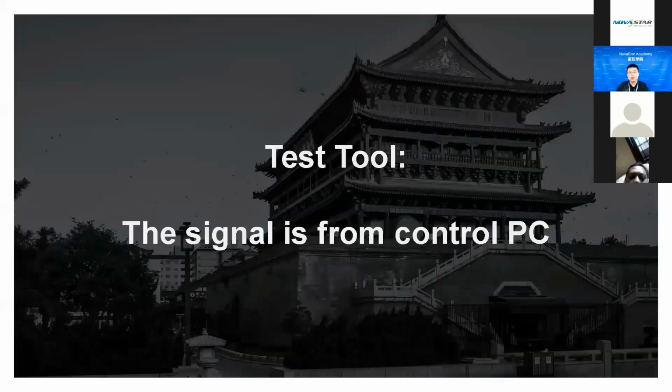For test tool, the signal is from the control PC, from your graphic card. The test tool function is still very useful when we need to check if the LED is displaying pixel to pixel, and also to locate some abnormal cabinets or modules in the center of the LED screen.